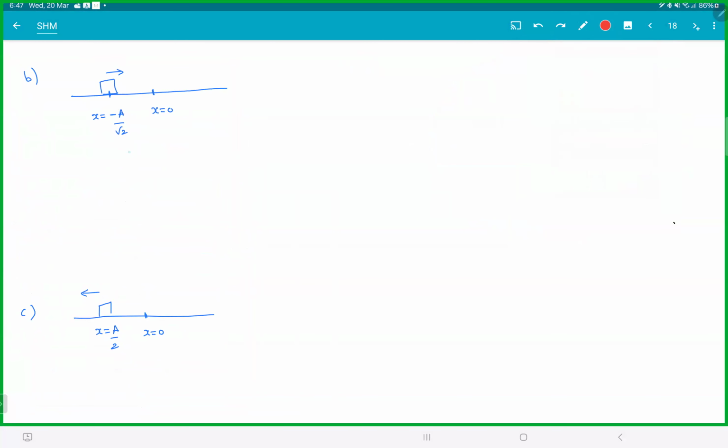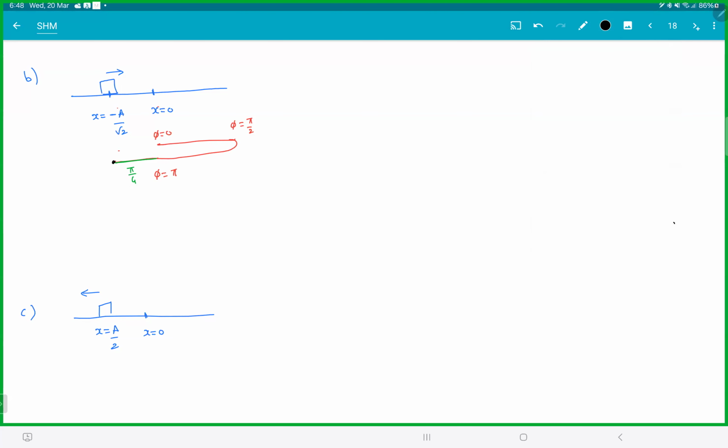Now, if you look at this motion, from here to here, how much is this? 90. Then you're coming back again. If you mark all the angles, phi is 0. You went till here, phi is 90. Then you took a turn and came back here, then phi is 180. Now from 0 to 1 by root 2, you traveled another 45 degrees. So from here to here, it is 45 degrees.